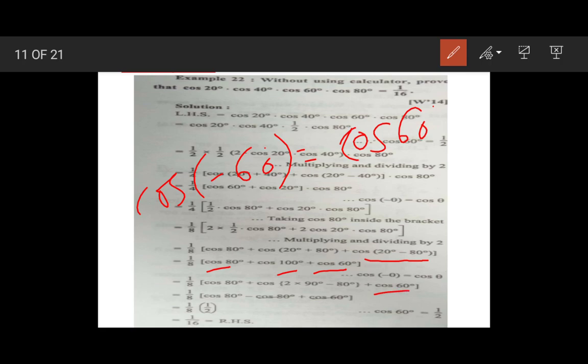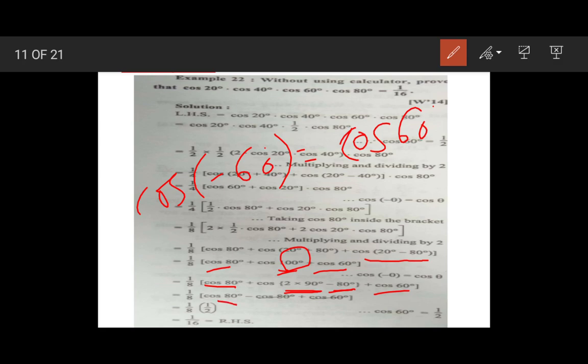Now cos 80 degree plus this cos 100 degree. 100 degree can be written as 2 into 90 degree minus 80 degree, right? Allied angle formula form. So 100 can be written as 2 into 90, that is 180, minus 80, plus cos 60 degree is 1 upon 2. So in the next step, what I am getting? Cos 80 degree as it is.